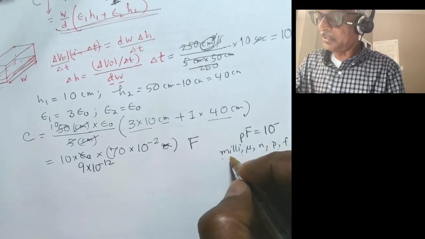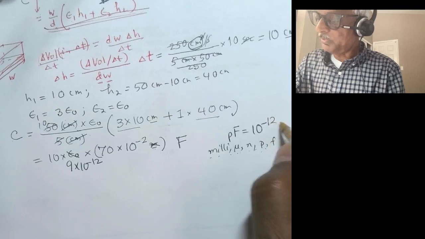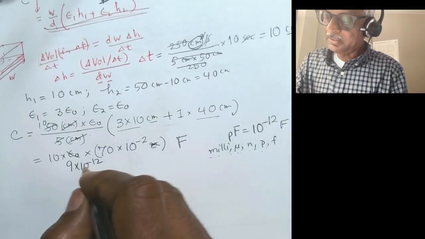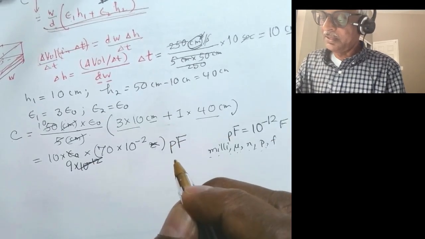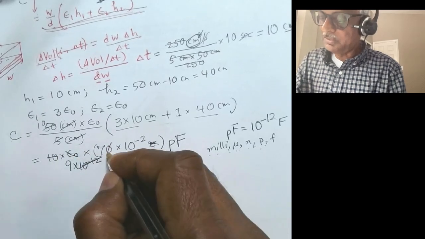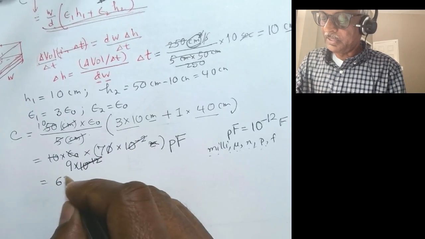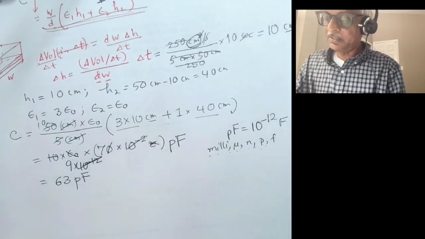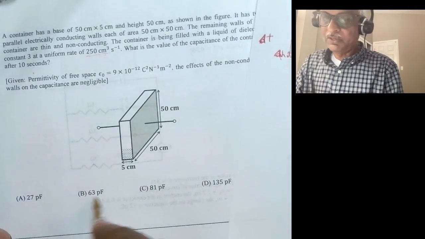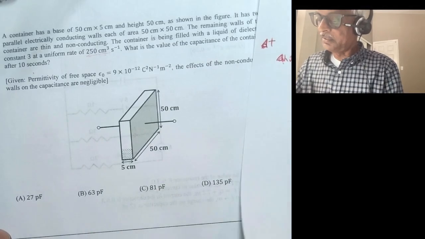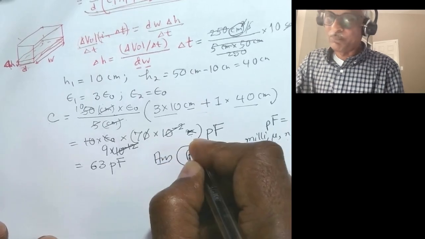So minus 3, minus 6, minus 9, minus 12 farad. So we call it picofarad, and I get 63 picofarad as an answer. Let's check, and that's B over here. So the answer is B.